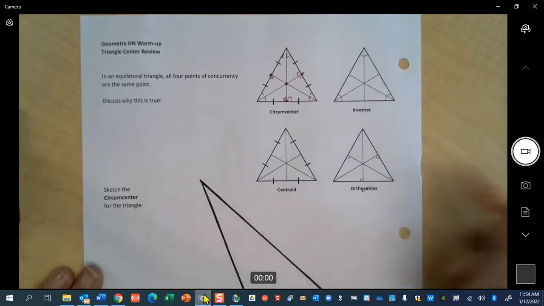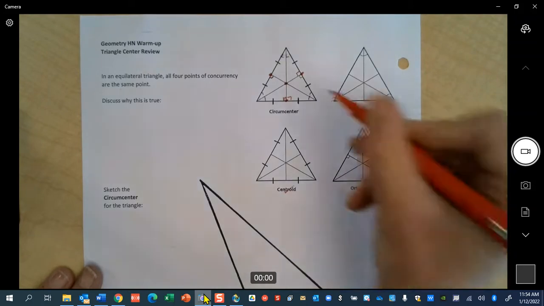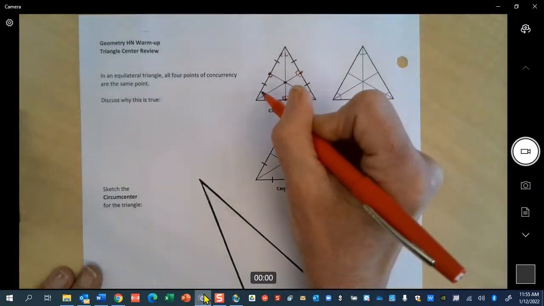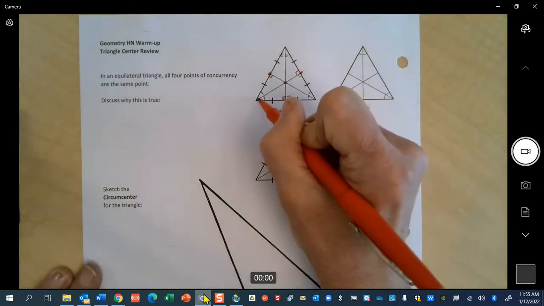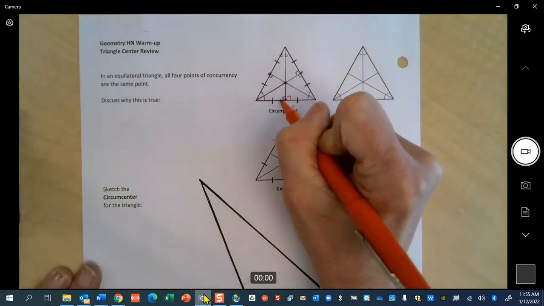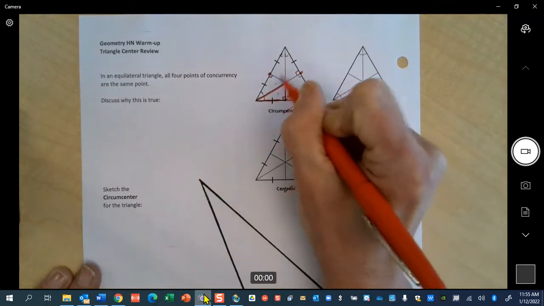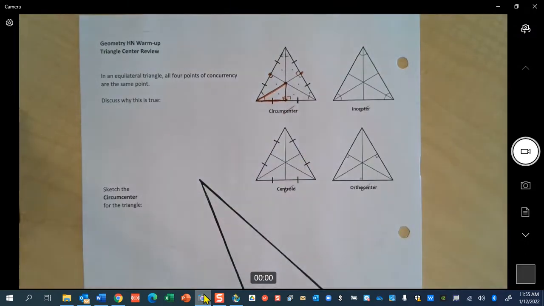I have my altitudes, I have my medians, I have my perpendicular bisectors, and because all the triangles are true, I have all my angle bisectors. So I am creating all of these congruent triangles. Do you see these right triangles here? I have 1, 2, 3, 4, 5, 6 of them. How cool is that?